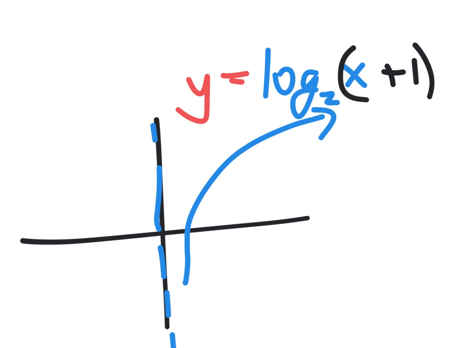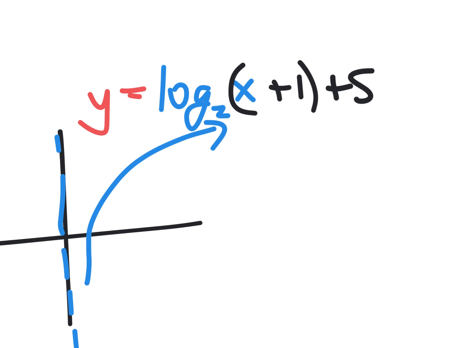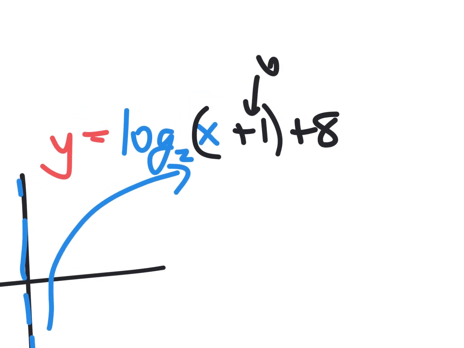Hint, it's different. Now it's part of the argument, and it's going to move left 1. Very good. If that wasn't something you remembered, maybe you should go like this and then label it to yourself. That's left 1. This would be up 8. Okay.